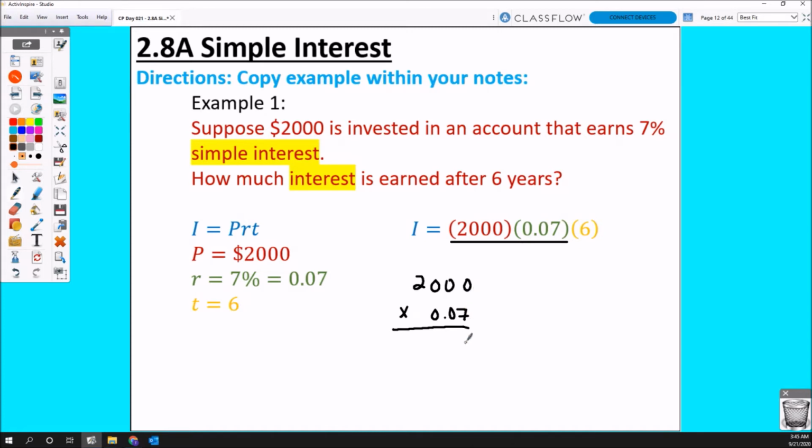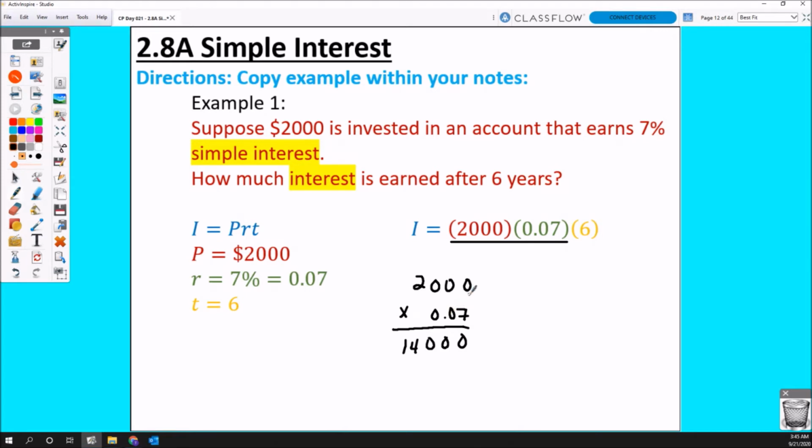So 7 times 0 is 0. 7 times the second 0 is 0. 7 times the third 0 is 0. And then 7 times 2 is 14. Then I'm going to do the 0 in front of the 7.